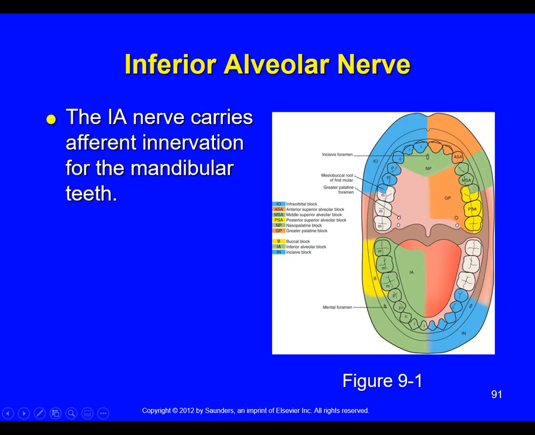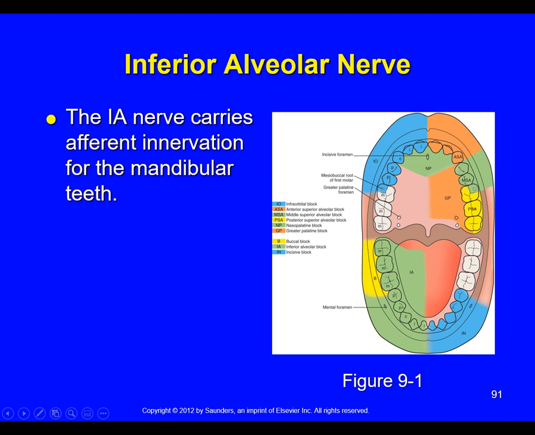The IA carries afferent sensory information for the mandibular teeth. So if we were thinking about what the IA innervates, it's all of these lower teeth to the midline. It does not innervate this buccal gingiva of the posterior mandibular molars.